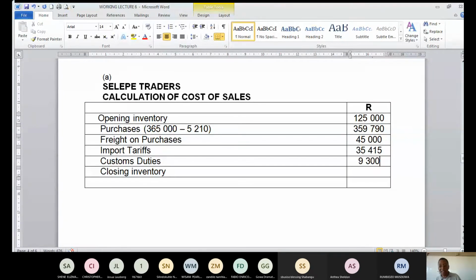Remember now, in other exercises, we also could have had the carriage on purchases. So freight on purchases, import tariffs, customs duties, all gets added onto the purchasing price in your cost of sales, minus your closing inventory. Closing inventory, the value of inventory at the end of the year, you show the amount there in brackets.